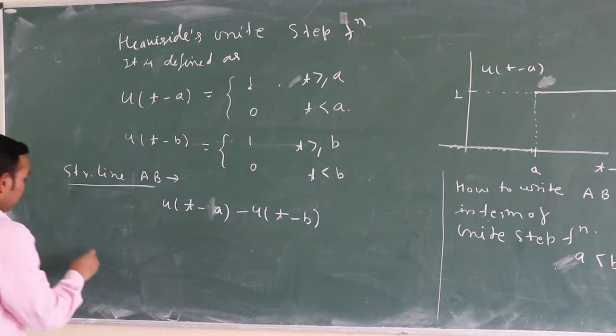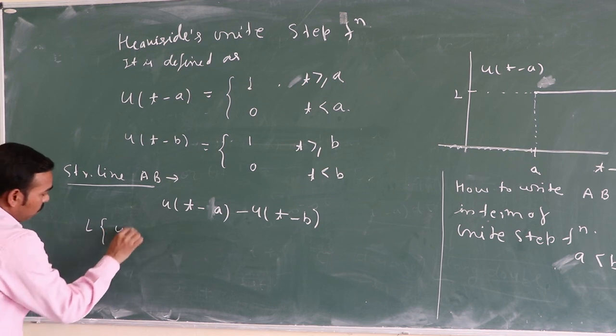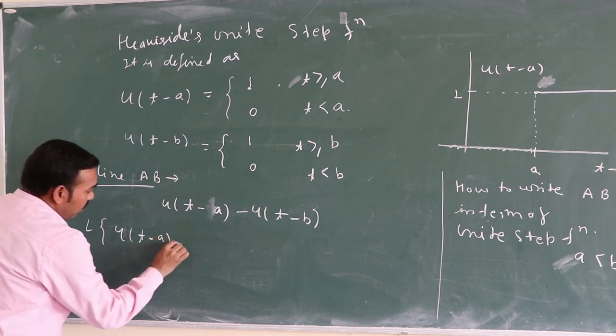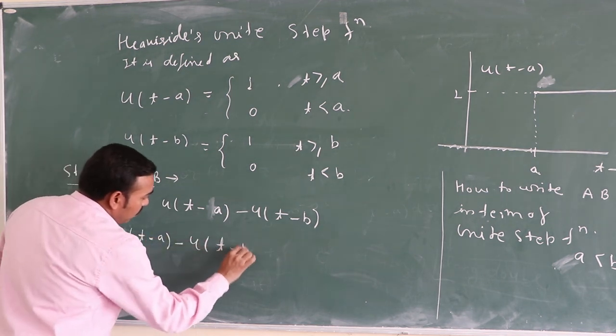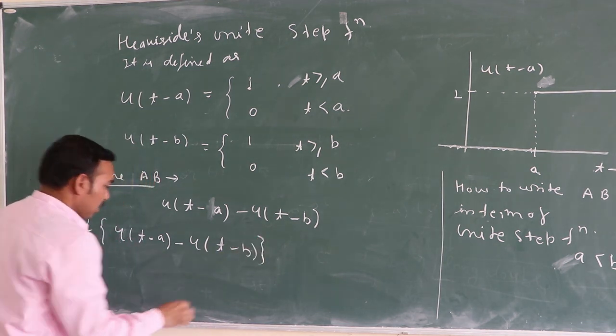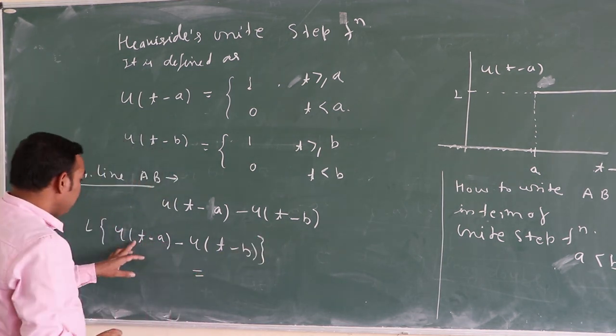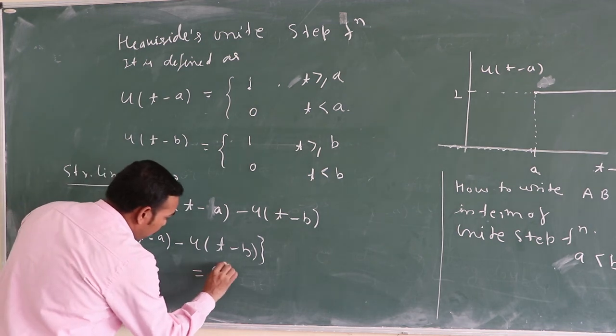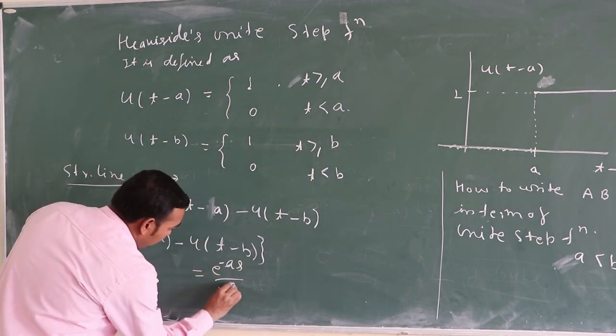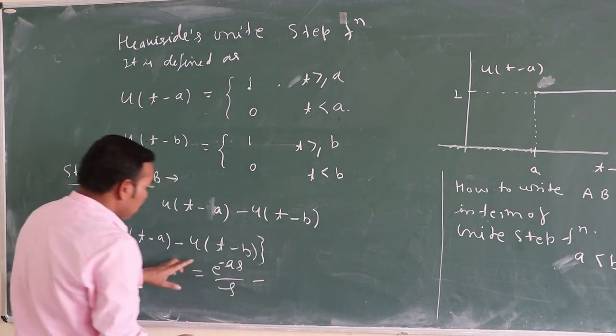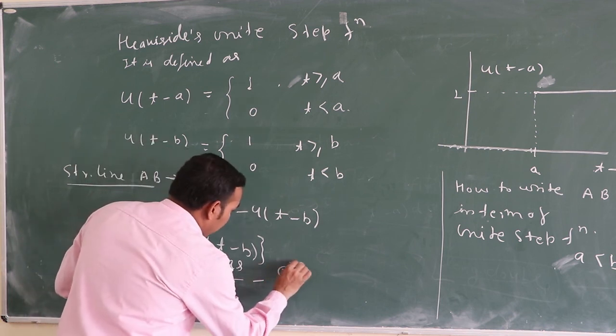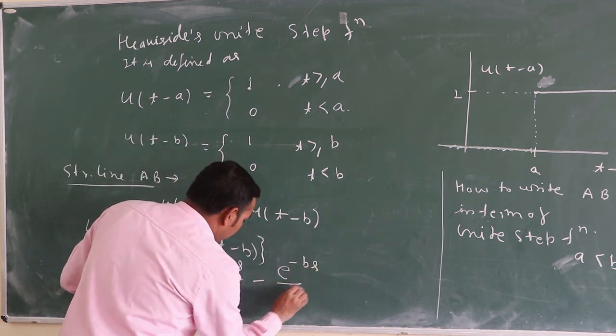And Laplace of u(t minus a) minus u(t minus b) equals e to the power minus as upon s minus e to the power minus bs upon s.